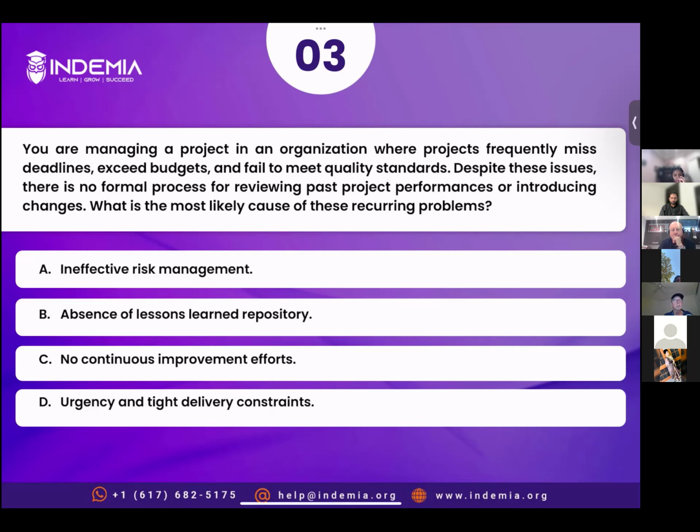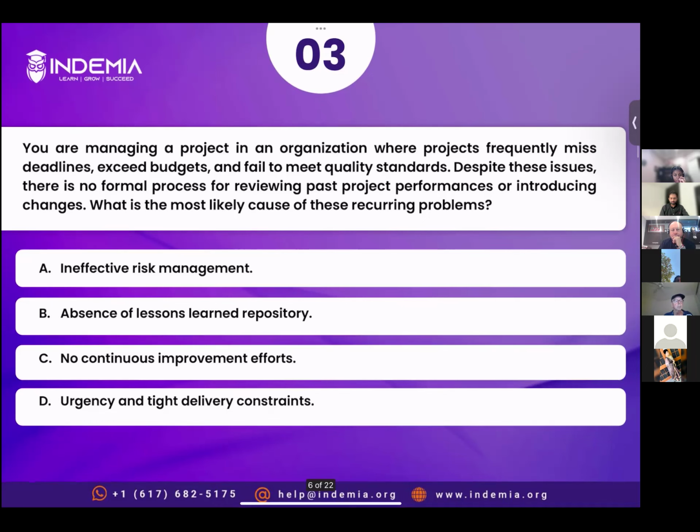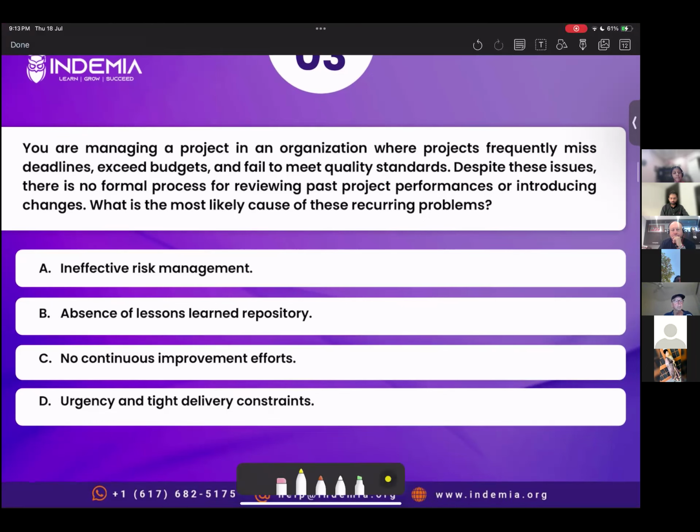Now, if we just read the first line till this, it could be either B or it could be C. For example, if we are not reviewing past performance, it means we are not documenting lessons learned, and we don't have any continuous improvement efforts.